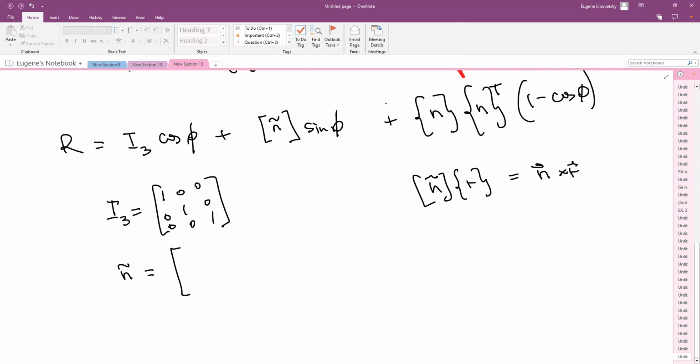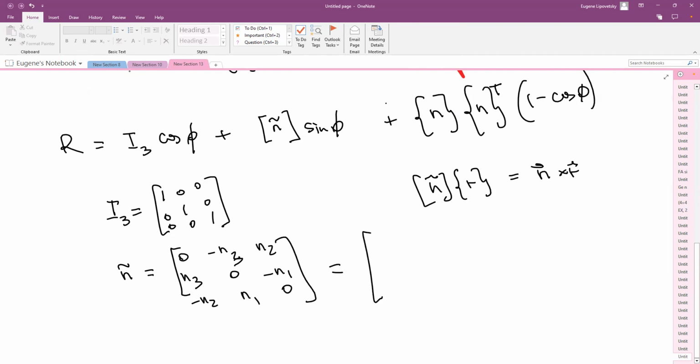So the n tilde is equal to 0, minus n3, n2, n3, 0, minus n1, and minus n2, n1, 0.